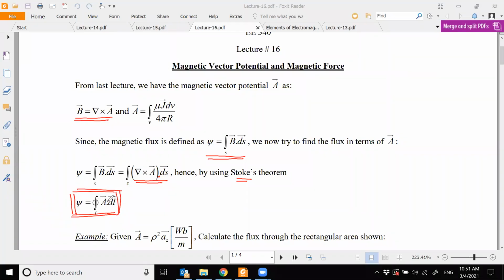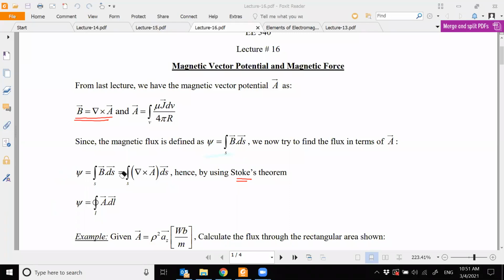So evaluating the magnetic vector potential over a closed line will give you the magnetic flux. So this is also correct. If magnetic flux density is given, you can use the first expression. If the magnetic vector potential is given, you can use this expression.